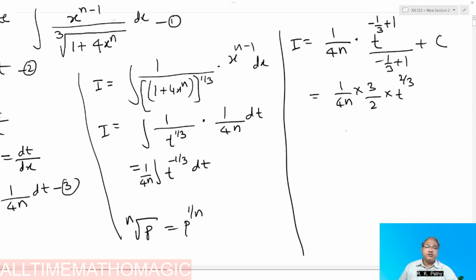What is the t value? T is nothing but 1 plus 4x raised to n. Therefore 1 upon 8n, and 3 comes here. So 3 upon 8n, and the value of t we put here: 1 plus 4x raised to n and whole power 2 by 3, plus c. This is the required solution.